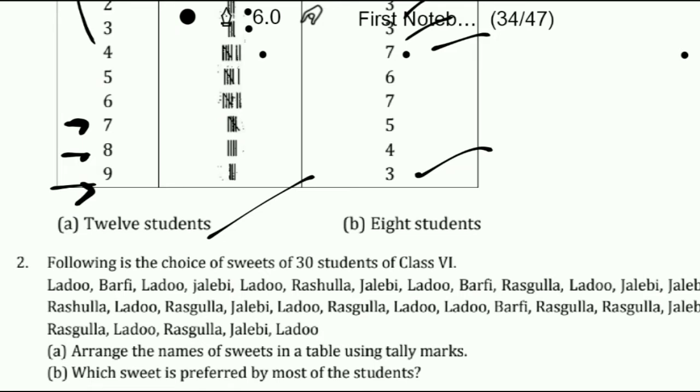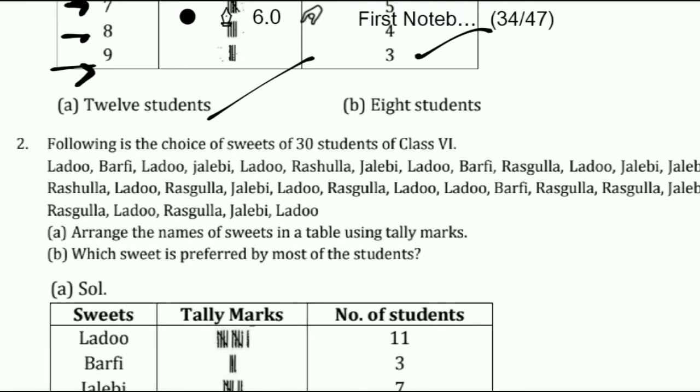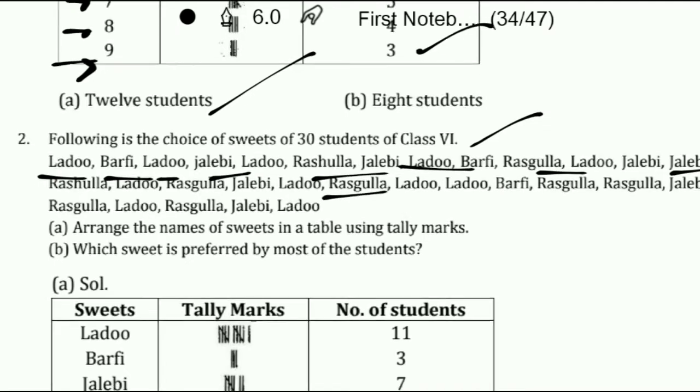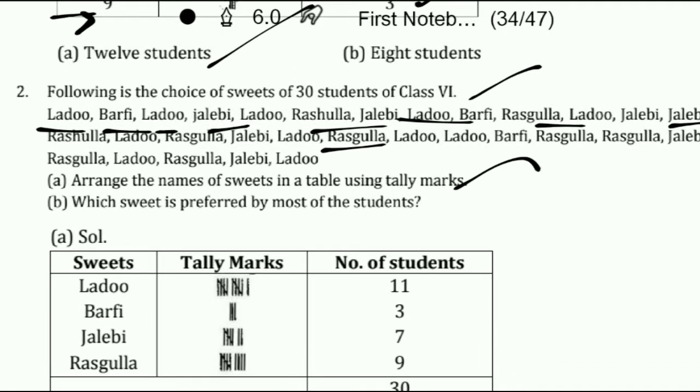Question number 2. Following is the choice of sweets of 30 students of class 6th. So these are the sweets: laddu, barfi, jalebi, rasgullas. These are the varieties of sweets of 30 students. Again, the same thing, first we have to prepare the tally table. So, we start from laddu.